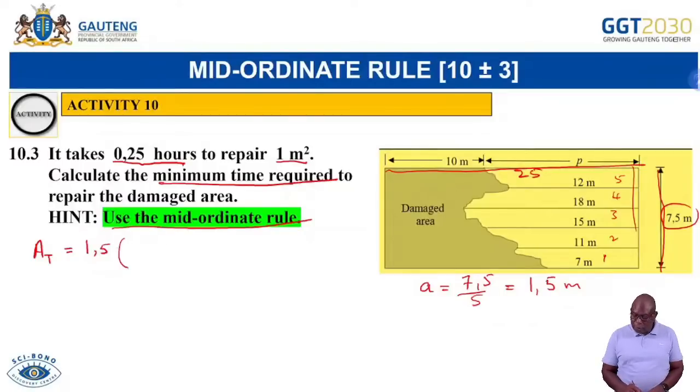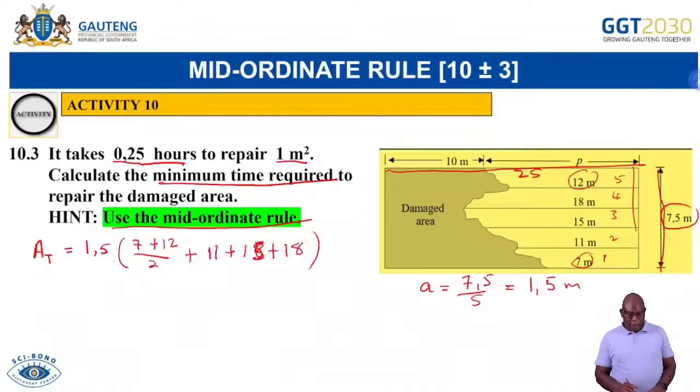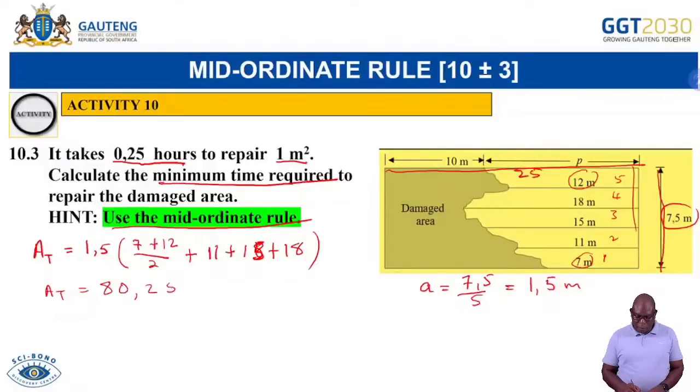So it's going to be my O1, which is 7 plus 12 divided by 2, this first one and the last one, plus 11 plus 18. And then I close, did I miss something? Yes, 15, and then plus 18, close bracket. Then the area that I'm going to get here will be 80,25. Right, that's the area that I'll get.